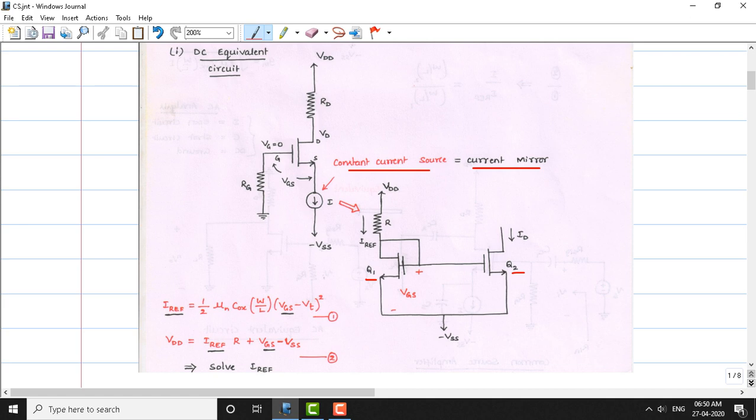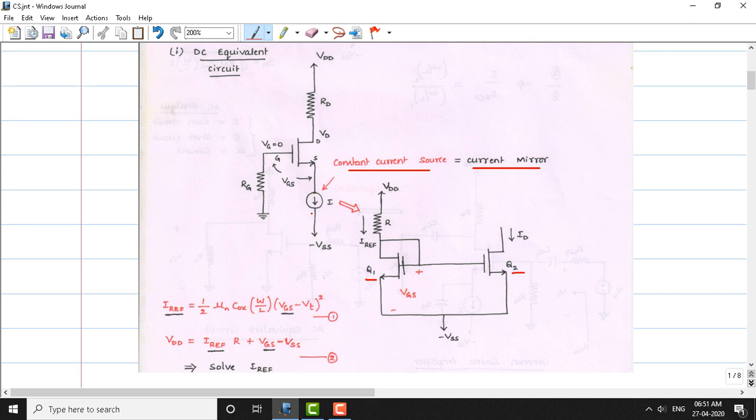One of the important aspects of biasing is maintaining a constant current through the drain and source. We have seen this in various other types of biasing. The drain current varies with various parameters, but if I use constant current source biasing, the variation in the drain current will be minimal.